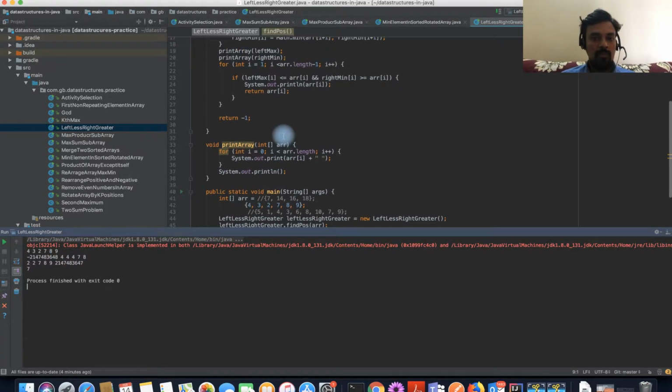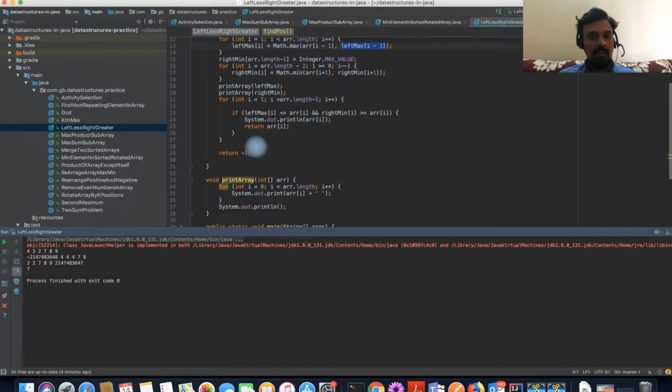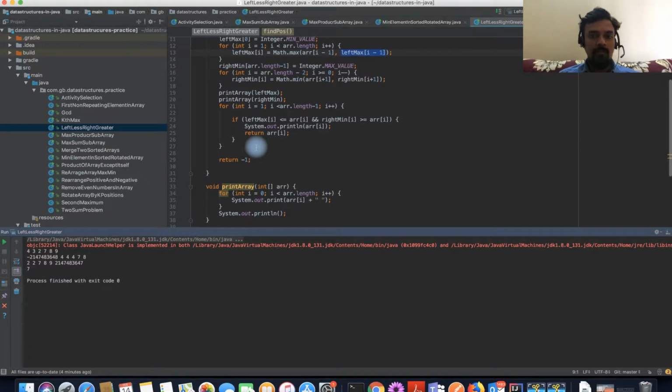Let's go to how we find the right min. It is just the reverse way. Assign the right min of the last element in the array to Integer.MAX_VALUE, iterate through the array, and instead of max you use Math.min with the element at index plus 1. For example, the right min of this is Math.min of 9 and the int max value, which is 9.